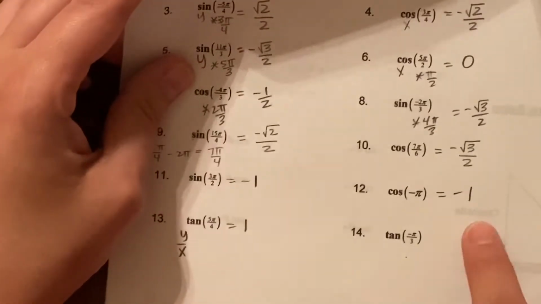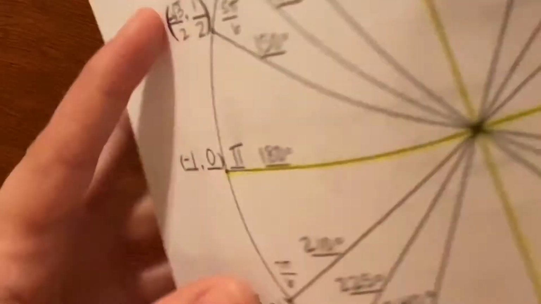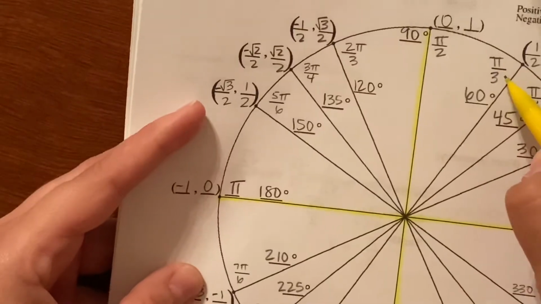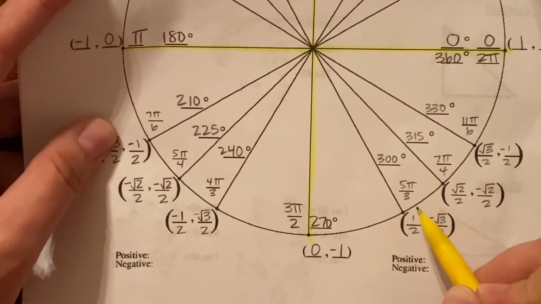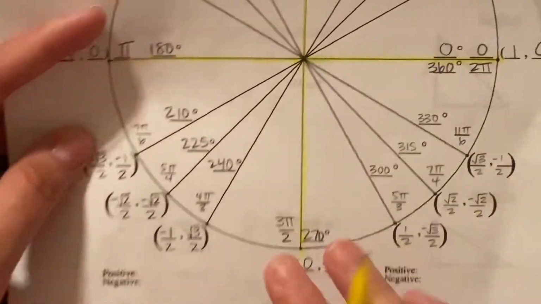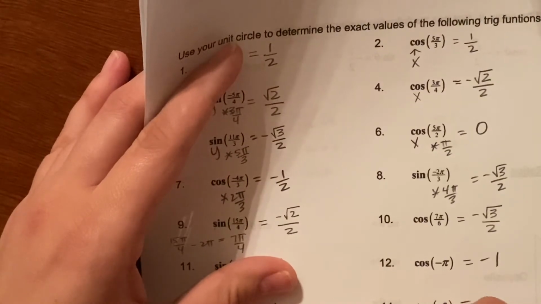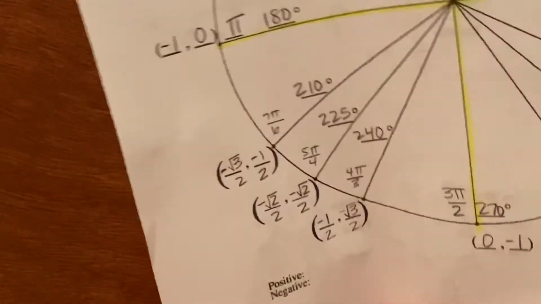Yay. Okay, we might not be so lucky with negative pi over 3. Up pi over 3 is here, so down pi over 3 would be here. Here's y over x. So negative root 3 over 2 divided by positive 1/2.